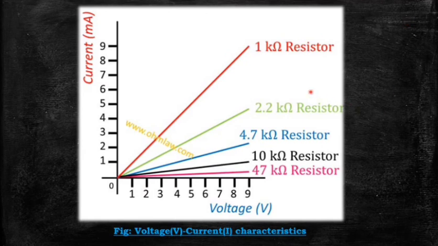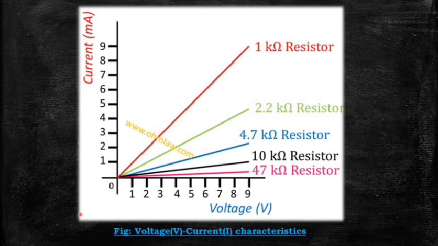So when we draw voltage and current in a graph, suppose we have 1 kilo ohm of resistors in a circuit. We are passing 1 volt through it. The current will be 1 ampere. They have been given as milliampere. So if you are passing 1 volt, it will be 1 milliampere.